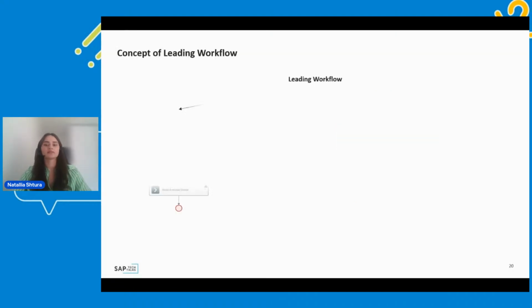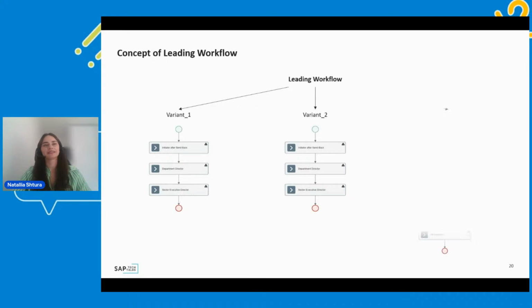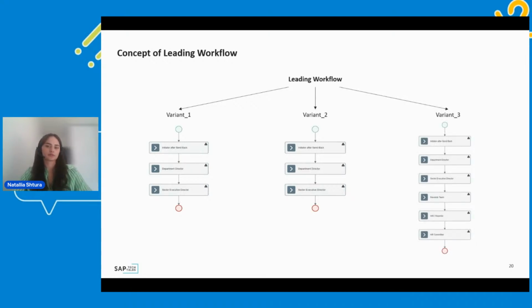The main goal of our POC was to create flexible processes which can be dynamically developed depending on the process context. For creation of this functionality, we chose SAP Process Flexibility Cockpit with predefined templates for the future variants. In Process Flexibility Cockpit, it is possible to generate a leading workflow.